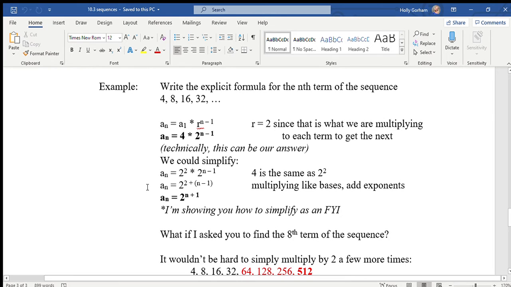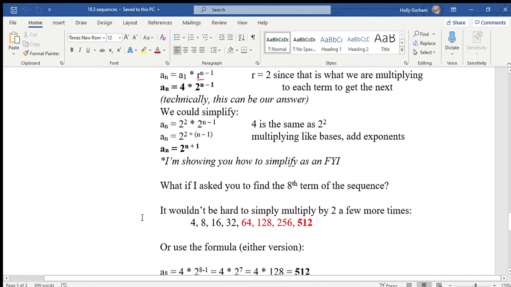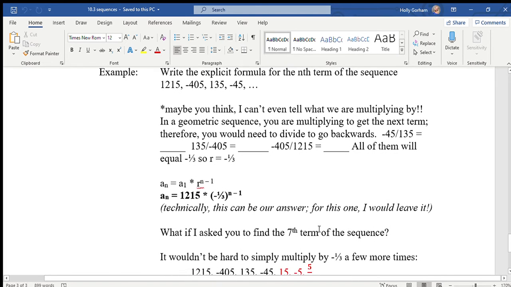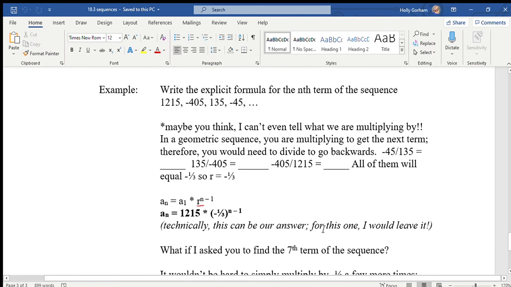So if I asked you to find the 8th term, you could plug 8 into the formula, but it wouldn't be hard to just multiply by 2 a few more times. Either way, you're going to get 512 for that answer. Write the explicit formula for the nth term of the sequence. Now on this one, you may think, well, I don't even know what I'm multiplying by.